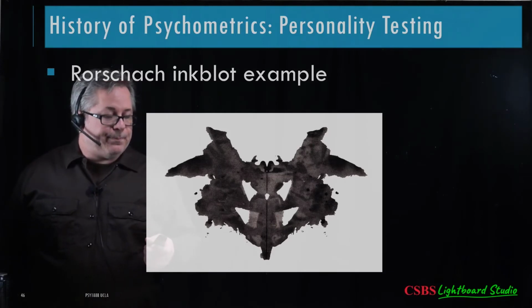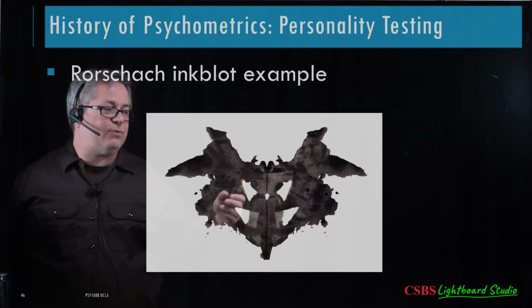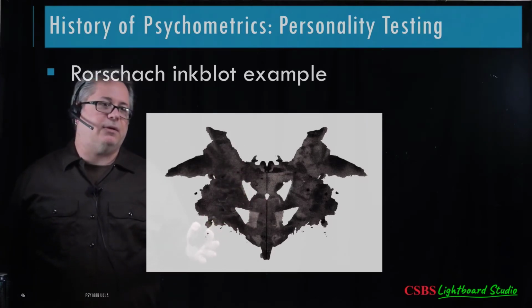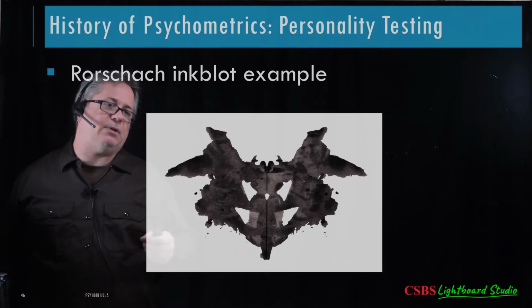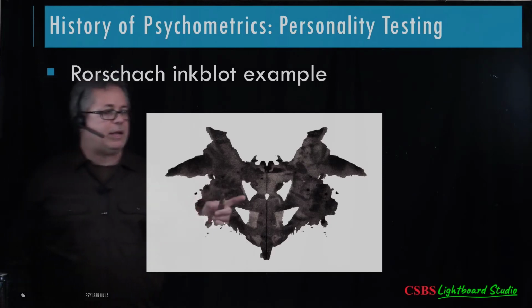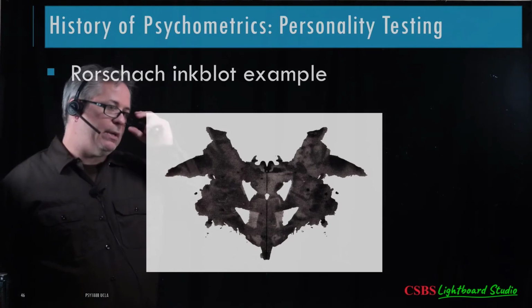Anyway. As you say things like, "Oh, it looks like a beetle," or "It looks like angels," a trained tester would be making notes, and it's supposed to help diagnose people with different personality disorders depending on how and what they saw in these pictures.